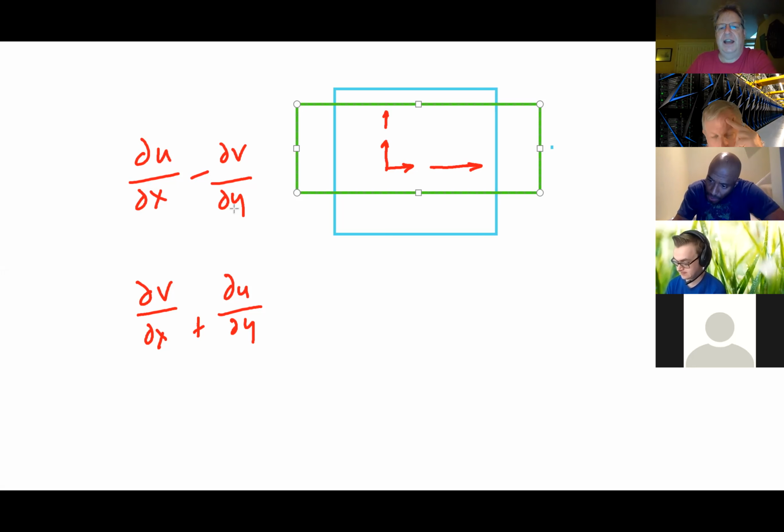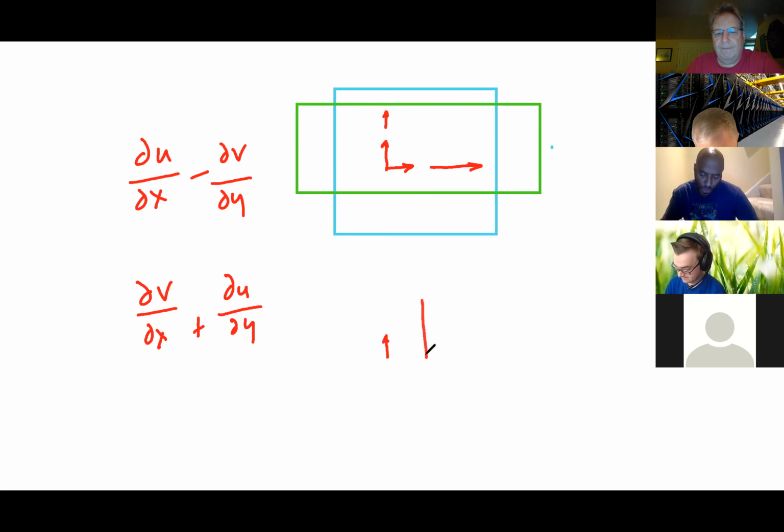Now, what about this guy down here? dv/dx. As I travel in the x direction, like that, and then du/dy.